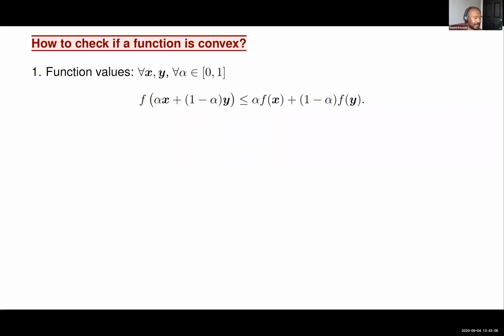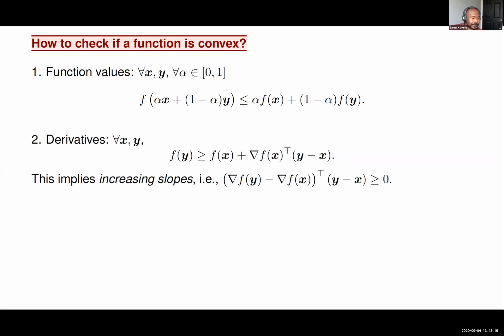So convexity, as we talked about, it's simple to check if a function is convex. We talked about using this line property. That's the most standard way, and this always works. We can also use derivatives. If a function is differentiable, then we can check convexity based on derivatives.